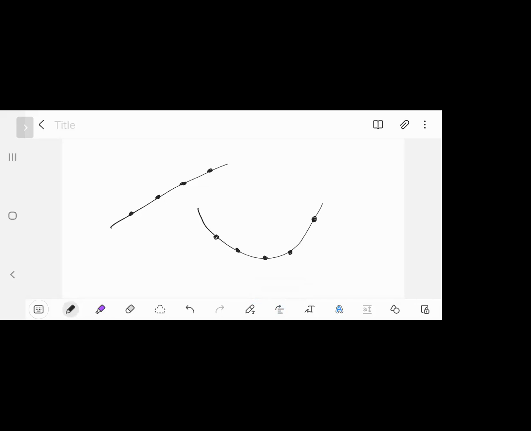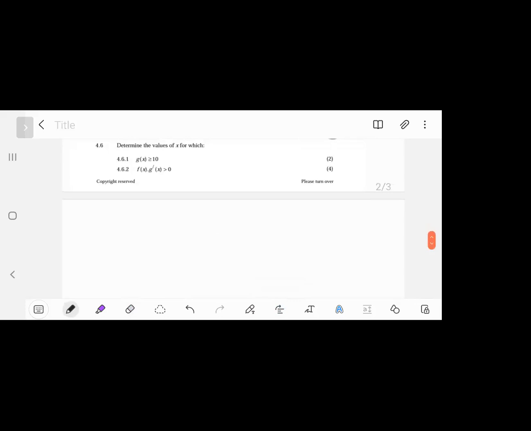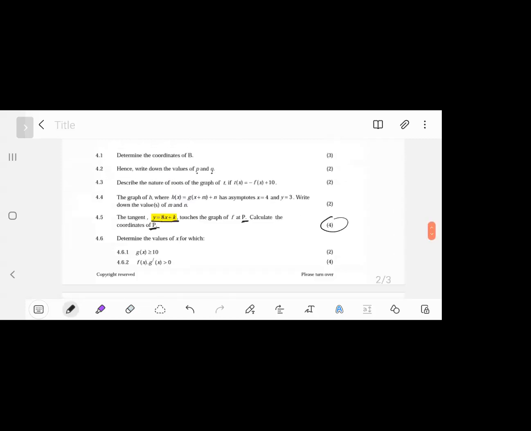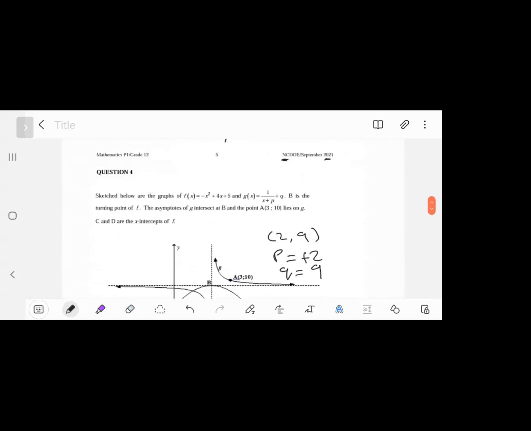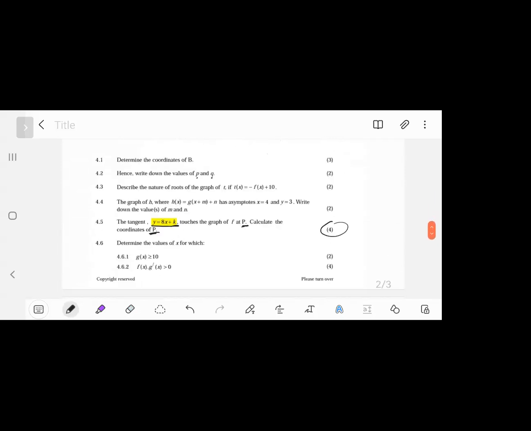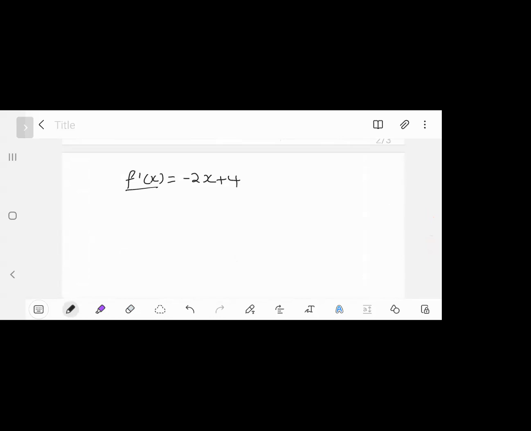Can you find the derivative of the graph of f, which is going to be negative 2x plus 4? What does this derivative mean? The derivative of every function means its gradient at any point.